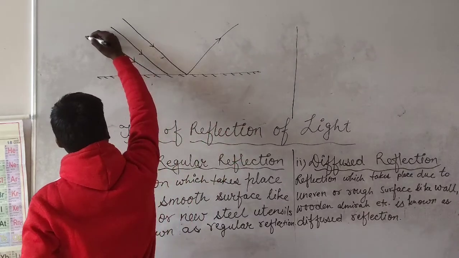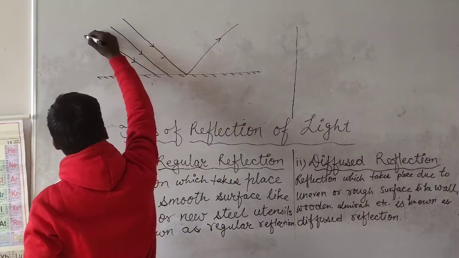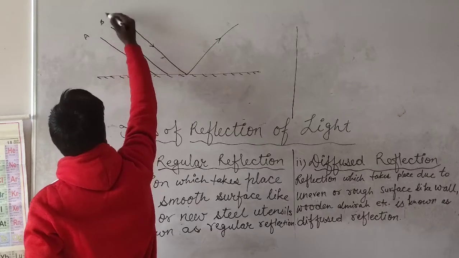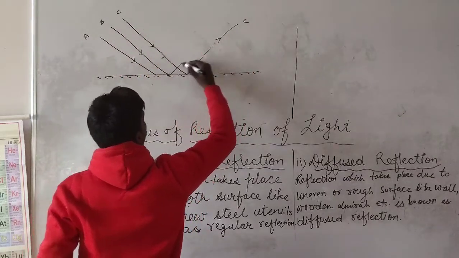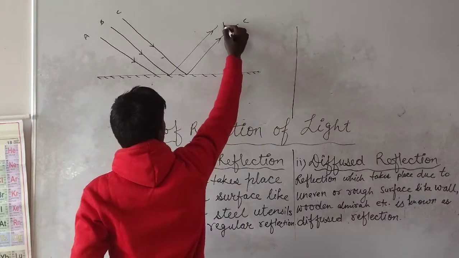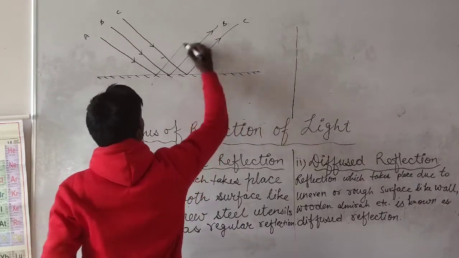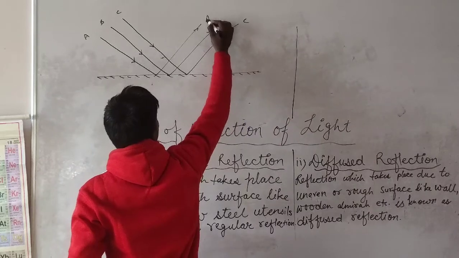This one is reflected ray C, this one is reflected ray B, and this one is reflected ray A.